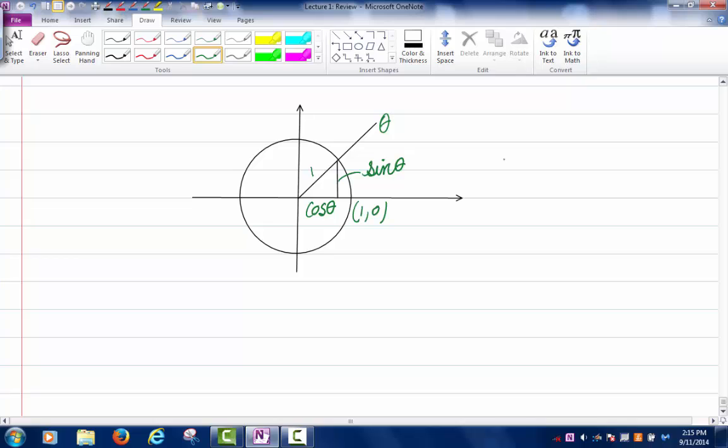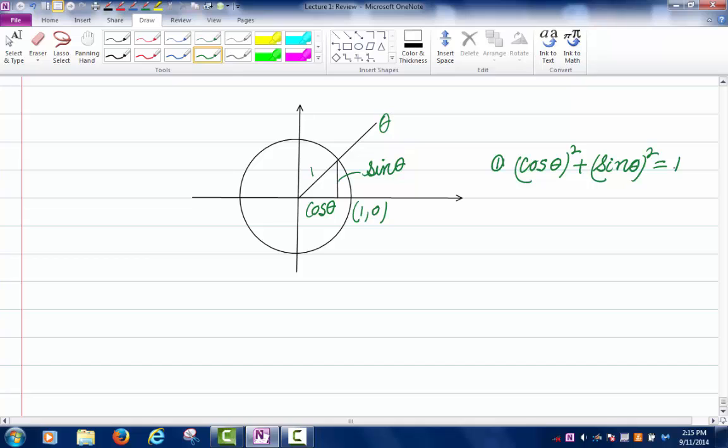Well, number one, I could say cosine of theta whole squared plus sine of theta squared is 1.